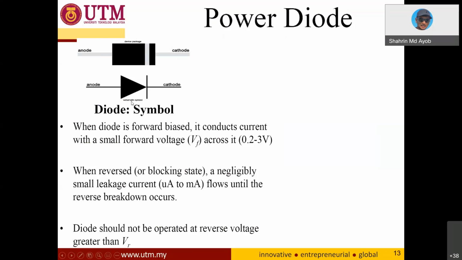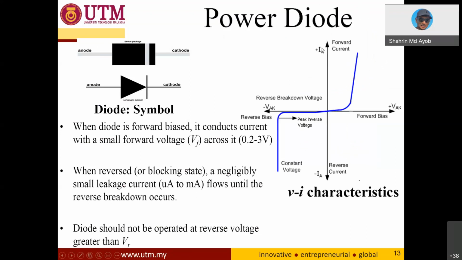And this is the IV characteristic, or sometimes we also call it VI characteristic. This diode we cannot turn on, we cannot control it. When the diode is forward bias, meaning that the anode is positive compared to cathode, then this diode will turn on.